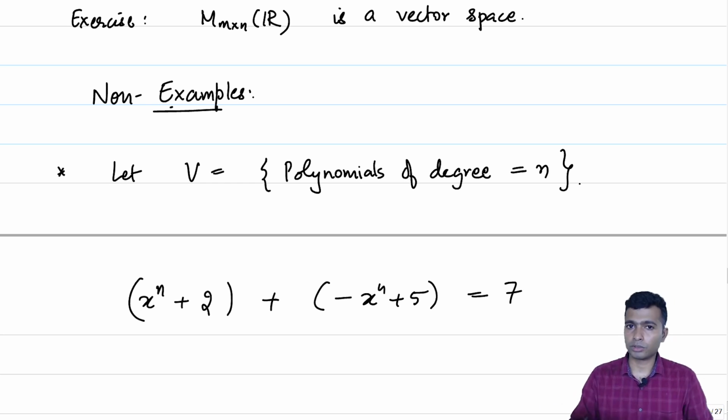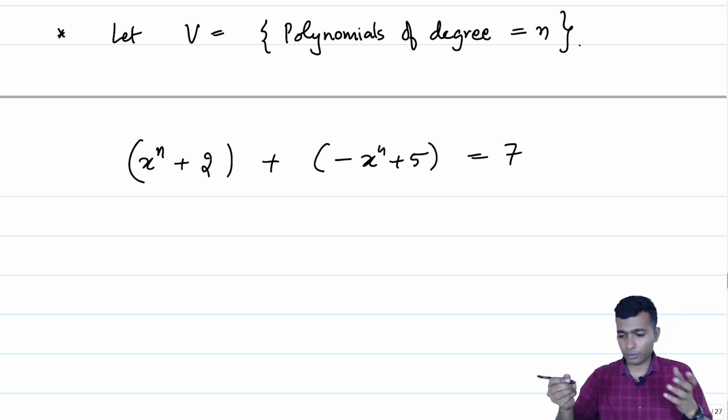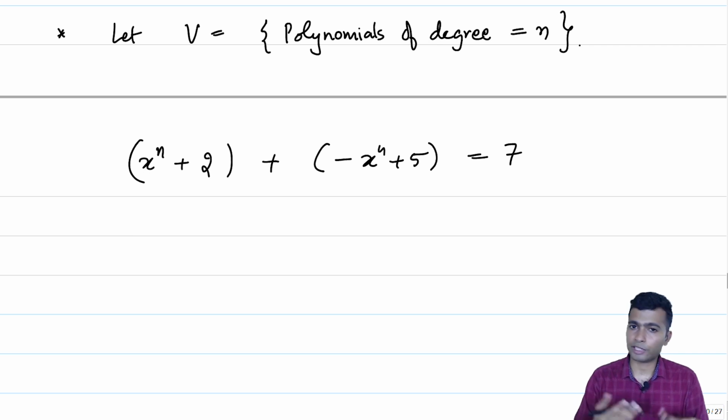If n is say 2, if you are looking at P2, polynomials of degree equal to 2, 7 is certainly not a polynomial of degree 2. So, this set is not even closed under vector addition. So, this is certainly not a vector space. The first requirement before we start looking at the properties is that it has to be closed. If you take two elements in the set, if you add them, you should get back an element in the set itself. That is not getting satisfied here.